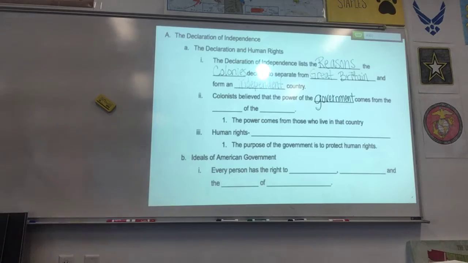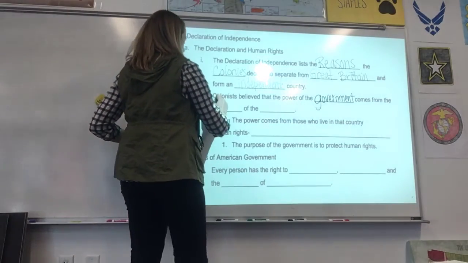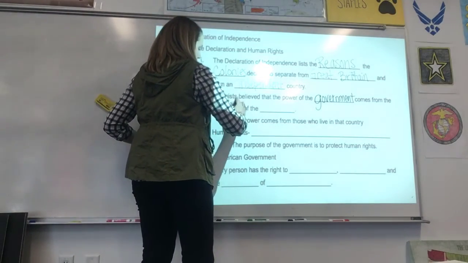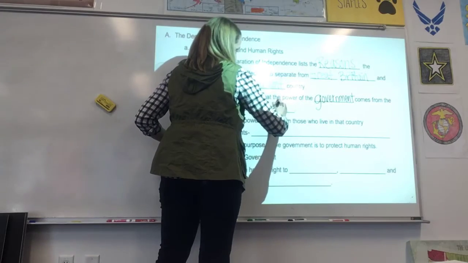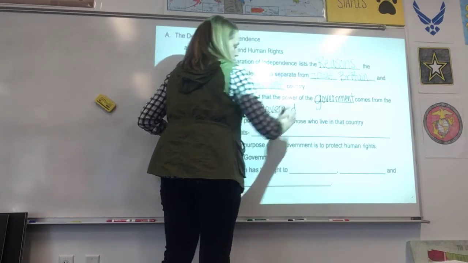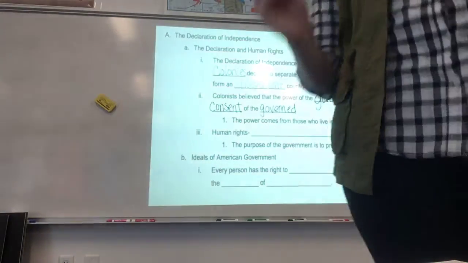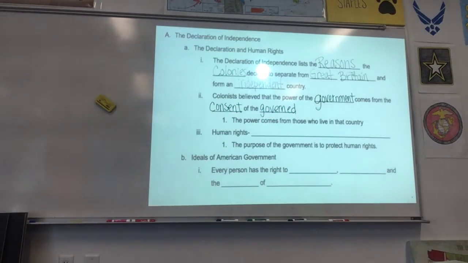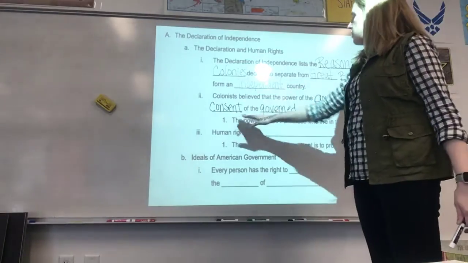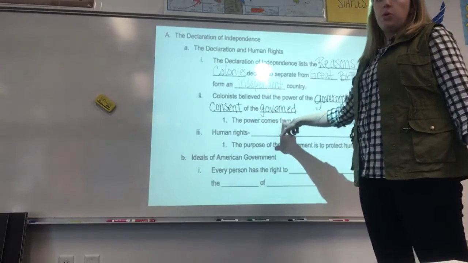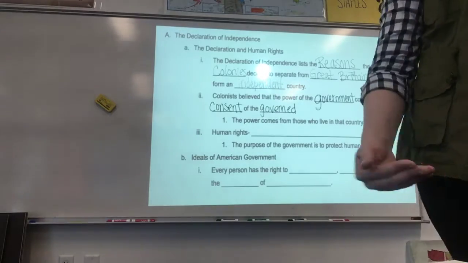Okay, colonists believe that the power of the government comes from the consent of the governed. That means the people who follow the rules are the reason why the government works. The reason why people can be punished for stealing is because the people of our country know that stealing is wrong and that you should not do it. Therefore, it is illegal to steal. So the power of the government comes from the consent of the governed, the people who follow the rules. For the most part, people in our country follow the rules.